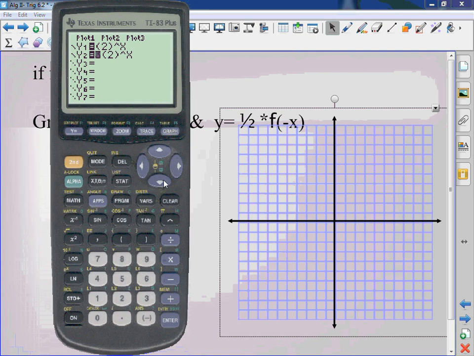Now the next one, for this here, is 1/2 times. Now this one's different in the calculator.